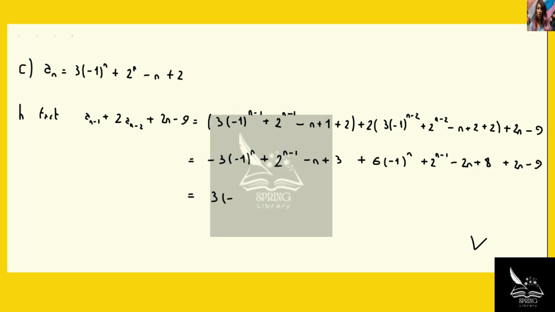So that becomes 3(-1)^n. Then we have 2 times 2^{n-1}. So that just becomes 2^n. And then we have all the n's, which are just -n, and then all the numbers, which are just 2. And this is again exactly the sequence a_n as given.